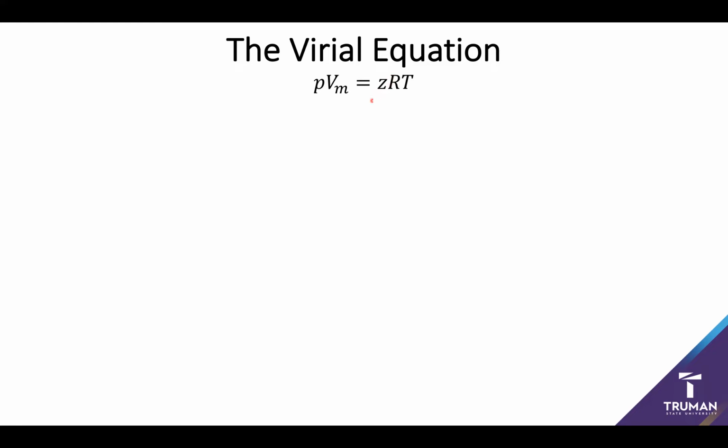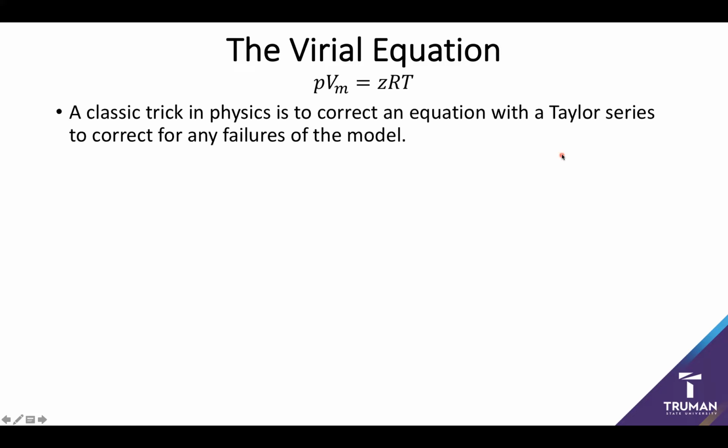this Z factor. So it turns out that physicists have lots of tricks of how to take an equation that works under limited circumstances and try and expand its usefulness. One of the most classic tricks that physicists love to make use of is a Taylor series. Yep, that's right, Calc 2 with a vengeance.